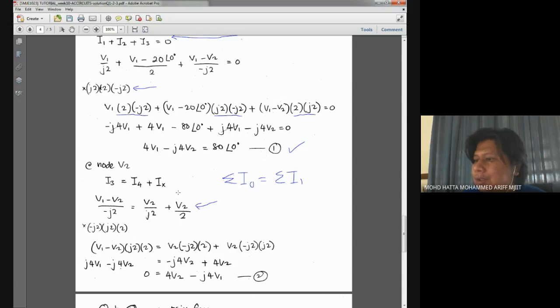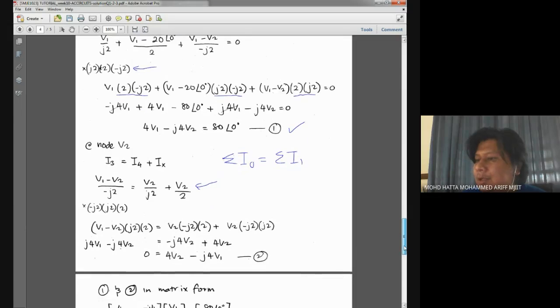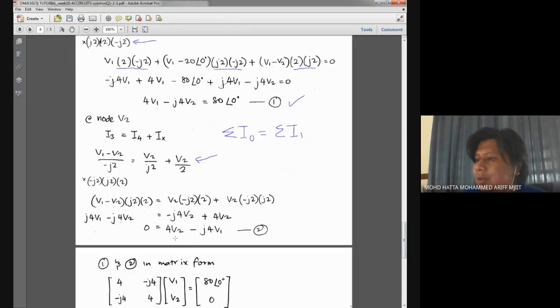And for the third term, which also has V2, we need to multiply with negative j2 and j2. Expand the equation and you will have a simplified version written as equation number 2.